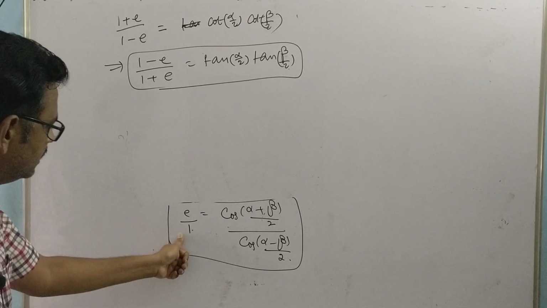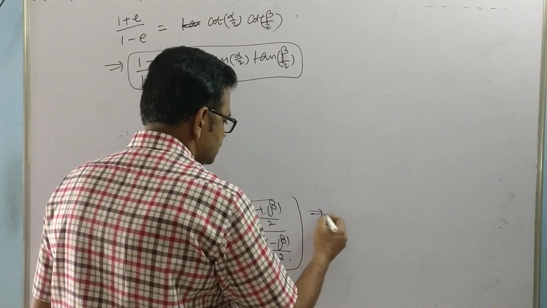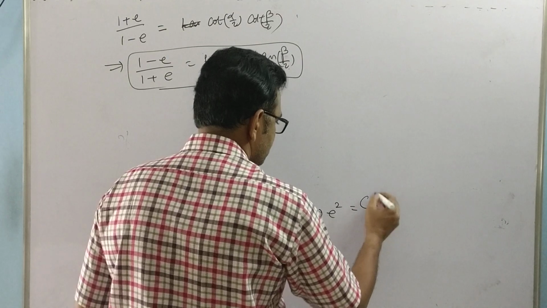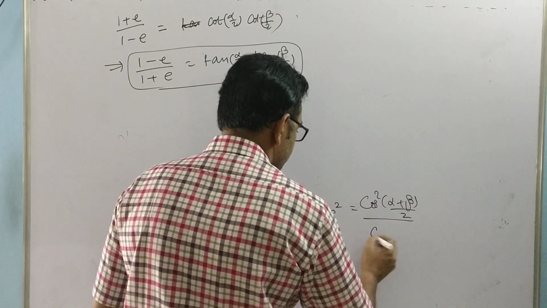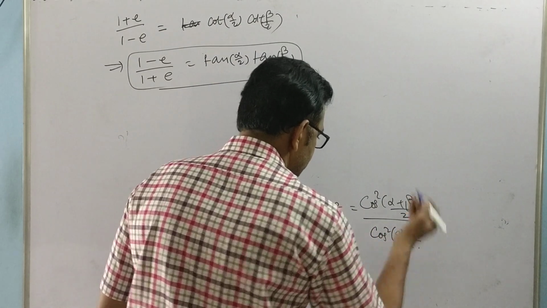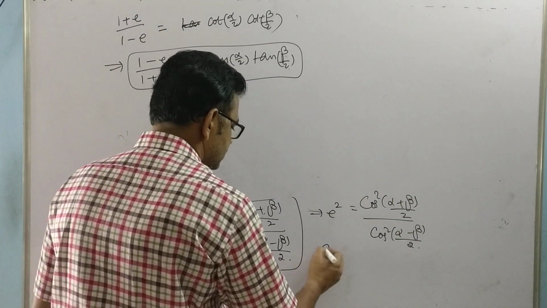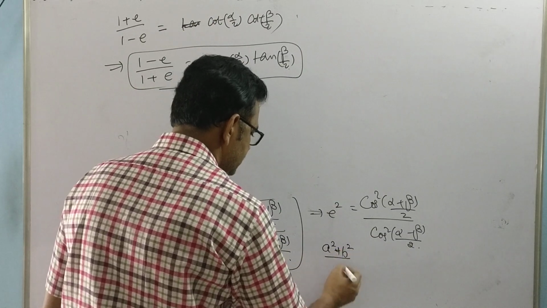And also squaring on both sides, E square equals cos square alpha plus beta by 2 by cos square alpha minus beta by 2. This is also one result. But E square is equal to, for the hyperbola, A square plus B square by A square.